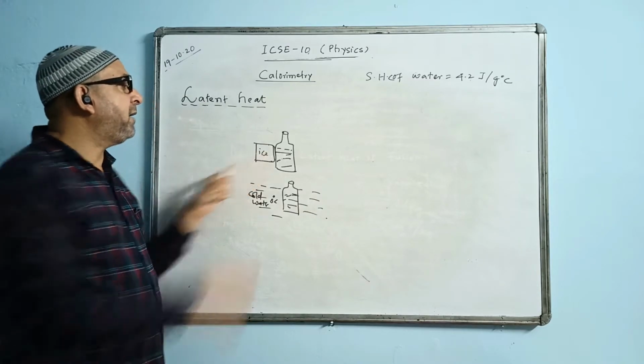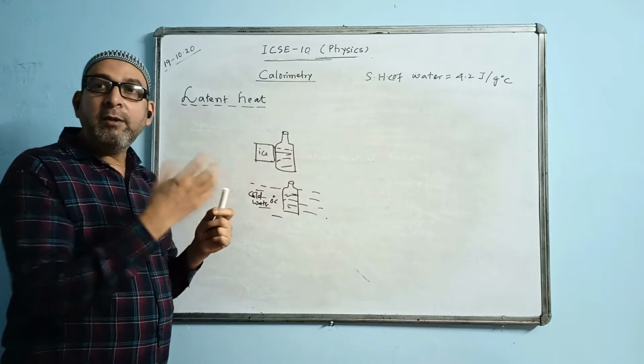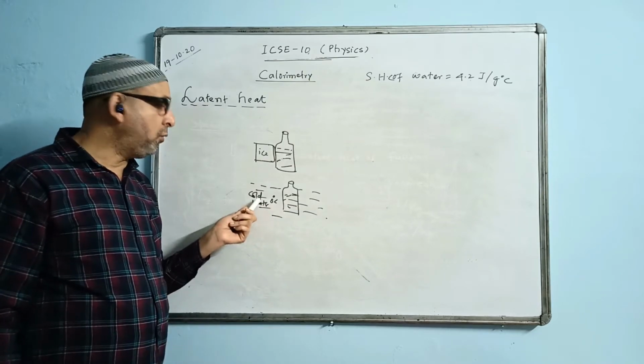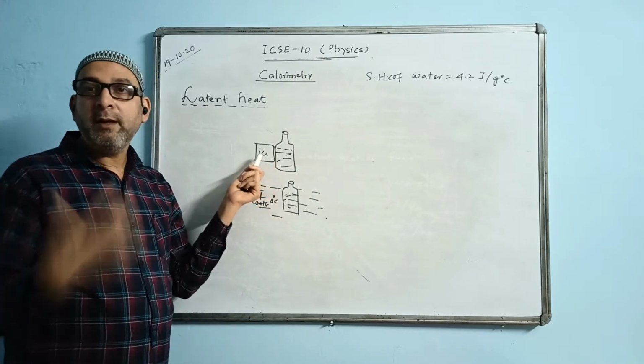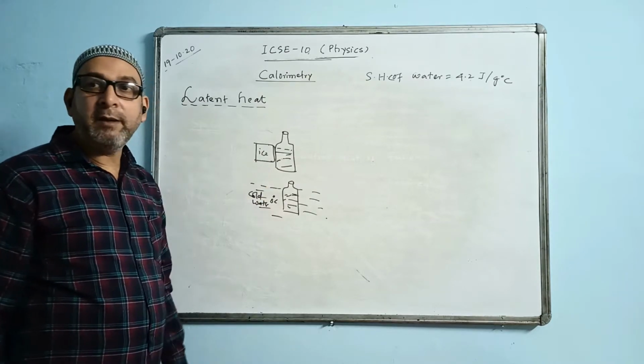So here the ice can absorb a large quantity of heat from this hot substance. That means the hot substance will lose more heat and will become much colder than the cold water. That's why to cool something we use a block or lump of ice. So that is the idea behind it.